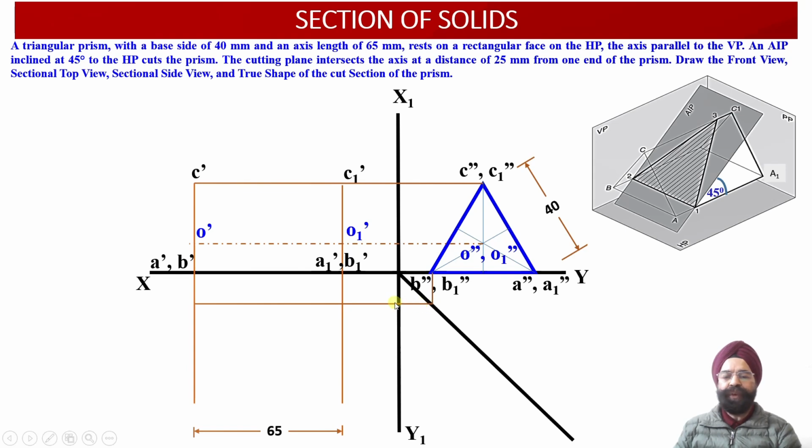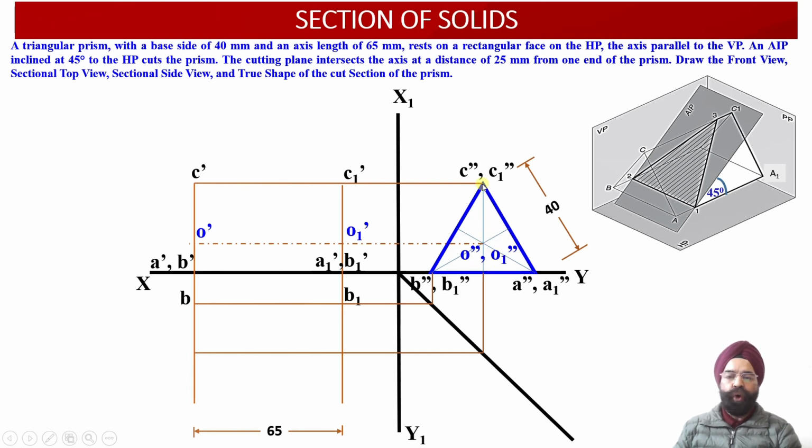Through this transfer line, points B and B1 will be transferred onto the top view projection. So this point will be point B, whereas this point will be point B1. Next we have these 4 points, corresponding to the points C double dash, C1 double dash, O double dash and O1 double dash.